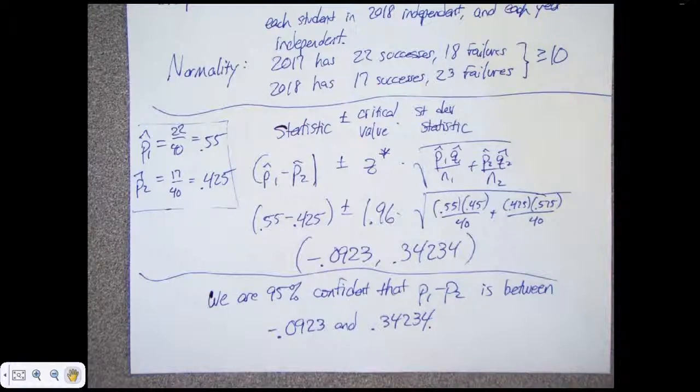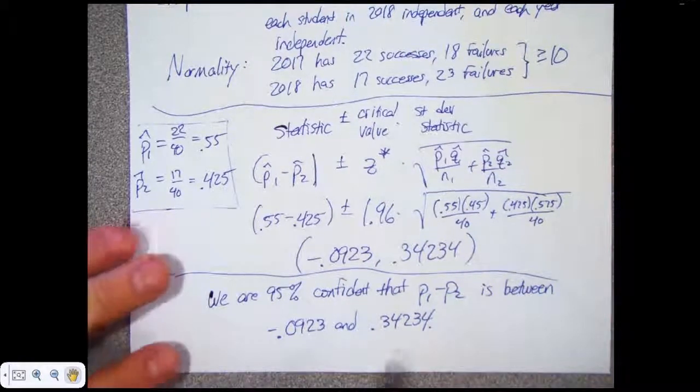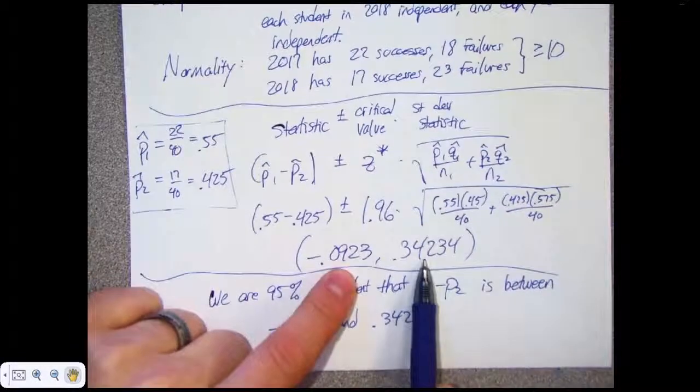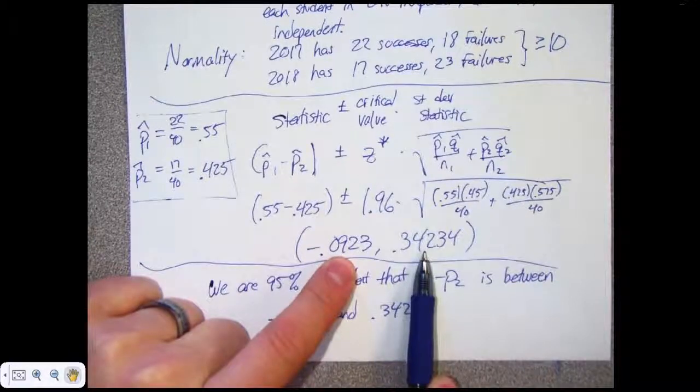Be careful. This is 22 and 40 and 17. The true population proportions. So I just have this small picture of these two populations. From that, I'm 95% confident that the difference in the true populations, the big picture, is between these two numbers. Are you confident enough to say that these two proportions are different? Or do you think you probably shouldn't say that?